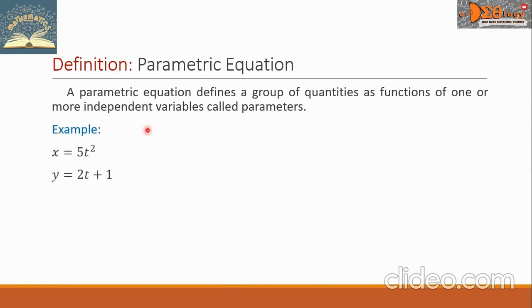For example, we have here a parametric equation. We have x equals 5t squared, y equals 2t plus 1. In this equation, we call t as the parameter.